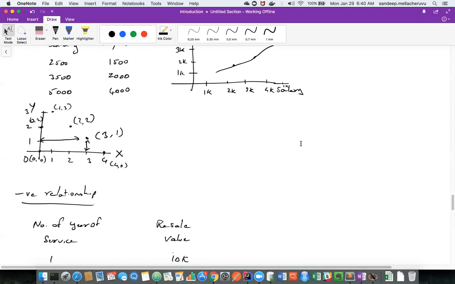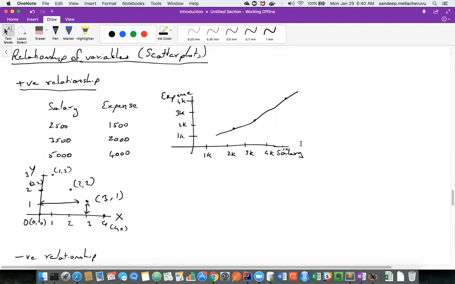In a positive relationship, when one variable increases, the other variable also increases. So for example, in this case, as salary increases, expense will also increase. And that is obvious because the more you earn, the more purchasing capability you have.